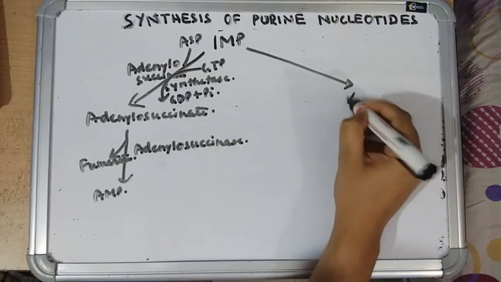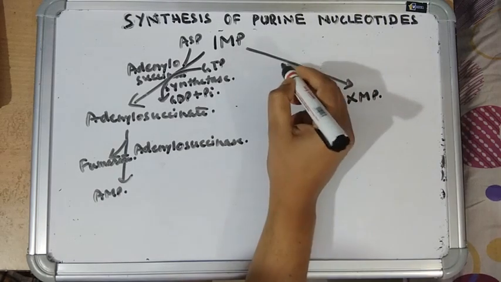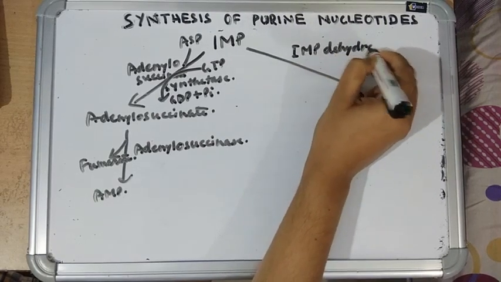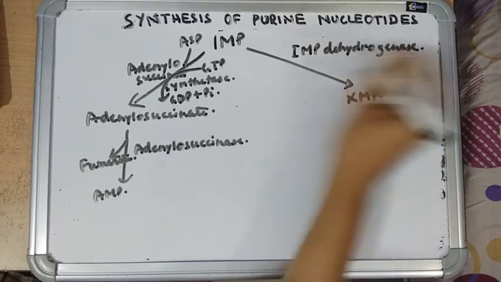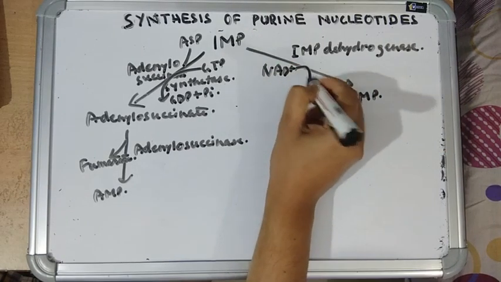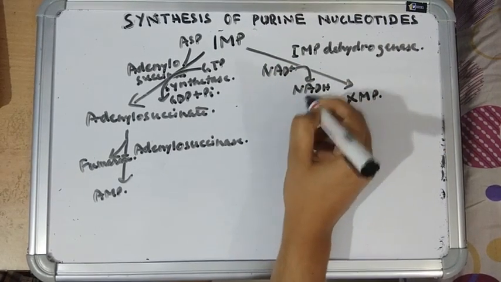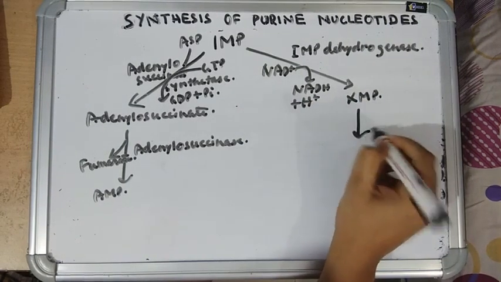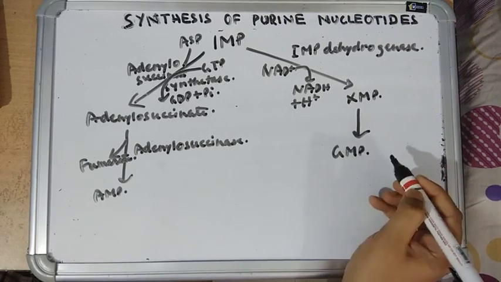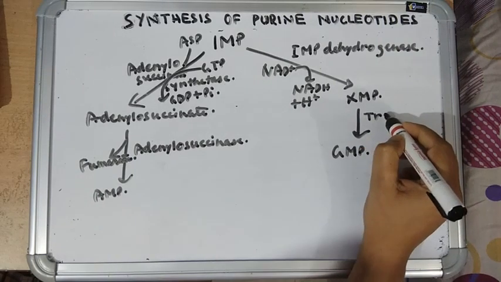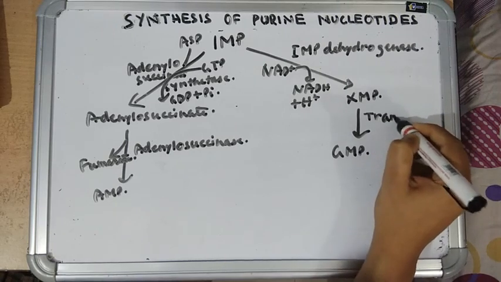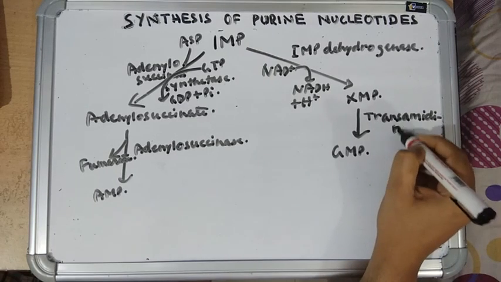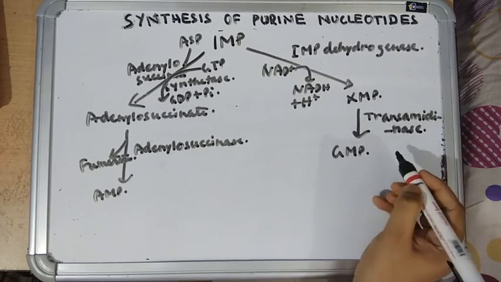Then XMP is formed from IMP by the action of the enzyme IMP dehydrogenase. NAD is required. Then XMP is converted into GMP by amidotransferase.